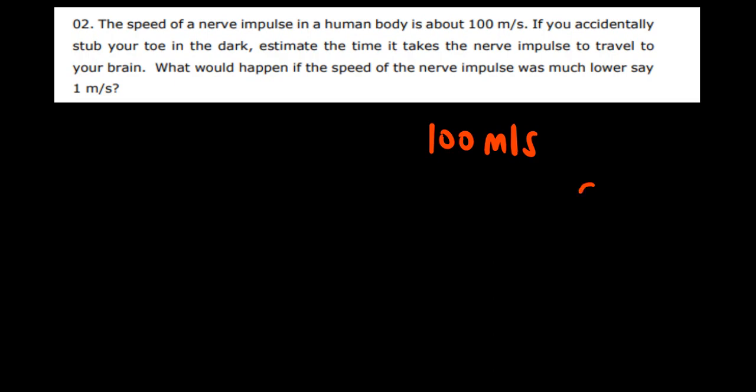Let's say this is a person. Okay, now this person has accidentally stabbed their toe. Now we want to find the time it would take for that impulse to reach the brain. Okay, so how are we going to do that?